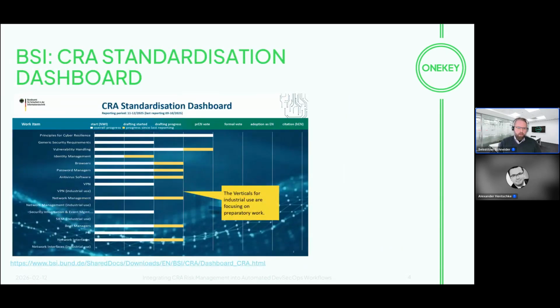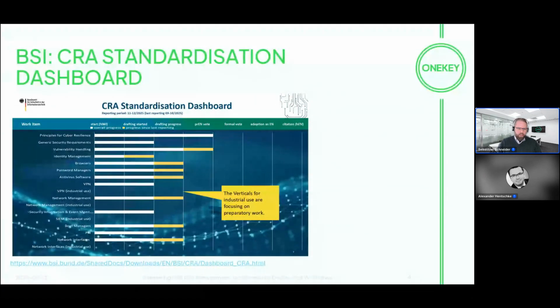If you want to have a more current view on where the different standardization process is, you can visit the German BSI. There's a standardization dashboard, and you can see in which state the different standards are. So, for example, we see the vulnerability handling.